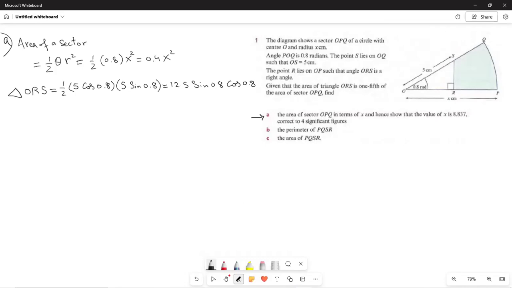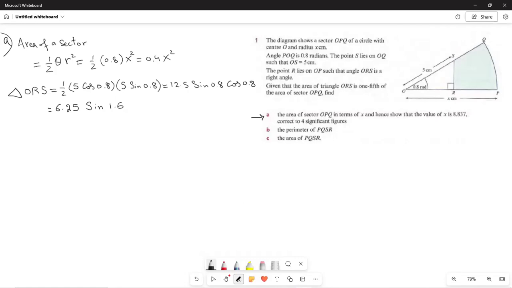We can calculate this directly, but I will do a little trick to make it easier. If I divide 12.5 by 2 and multiply by 2, it becomes 6.25, and 2 times sine theta cos theta becomes sine 2 theta, which is sine of 1.6 radians.